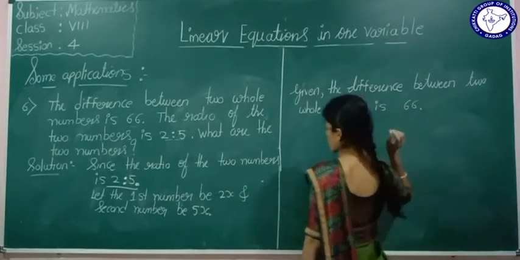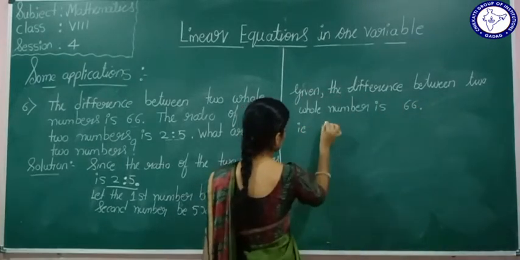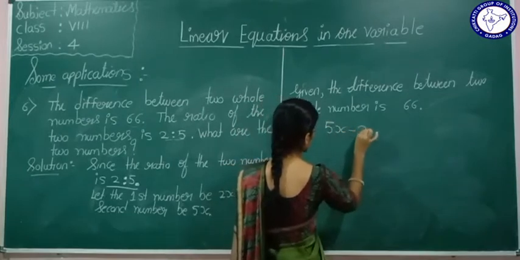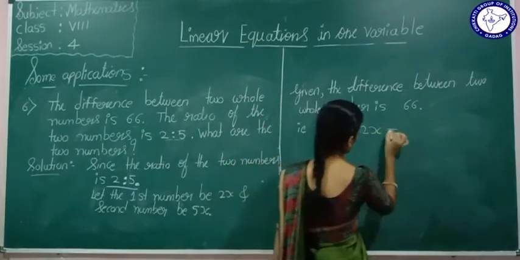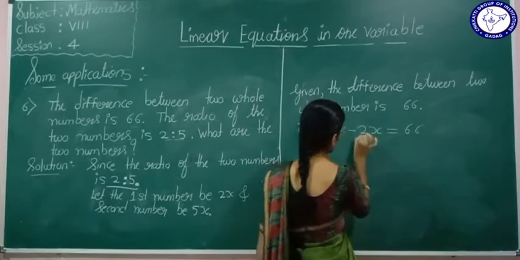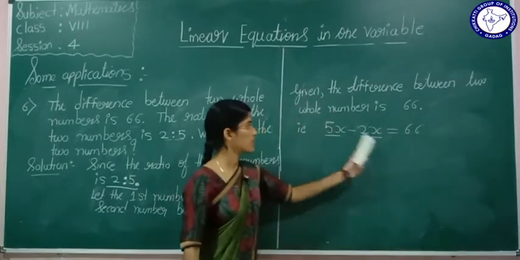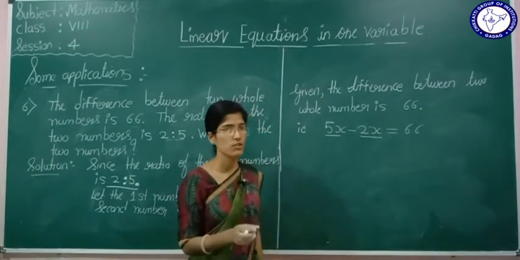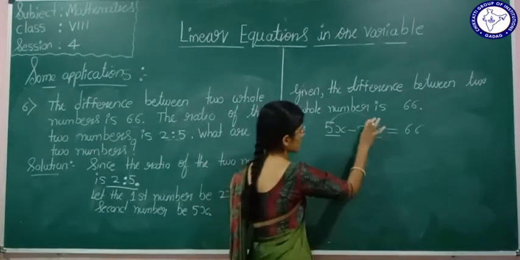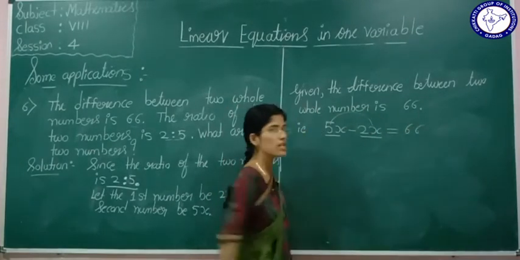What we will do? That is 5x minus 2x is equal to 66. The difference means subtraction. We took the difference between the two whole numbers as 66.